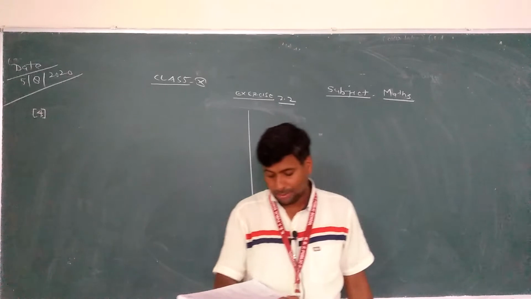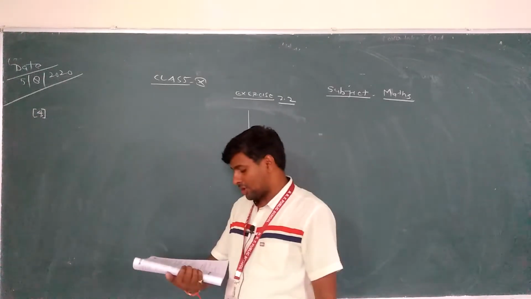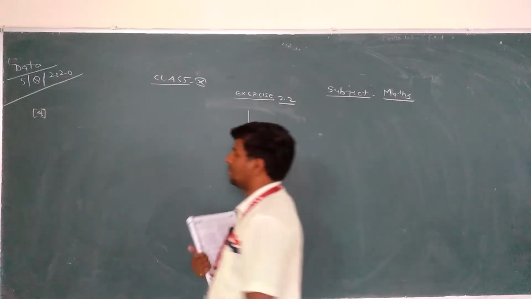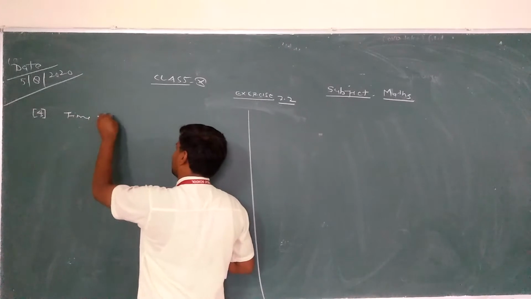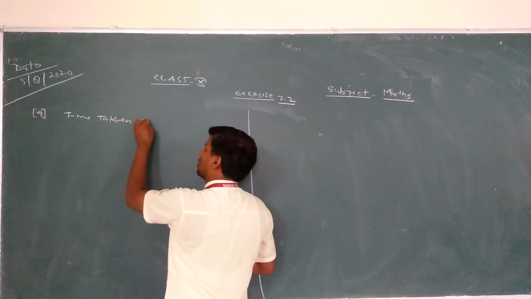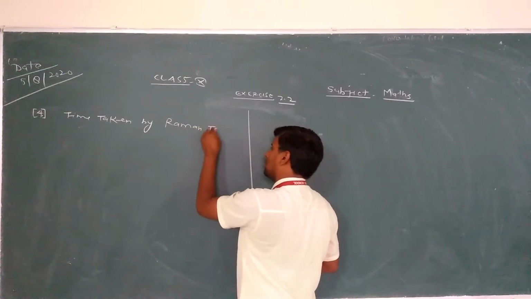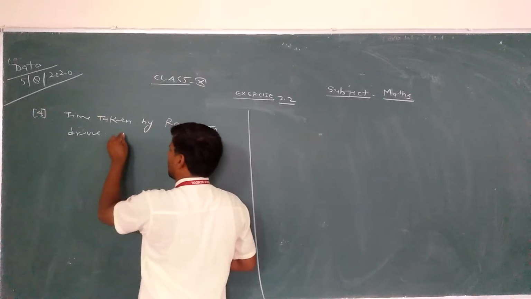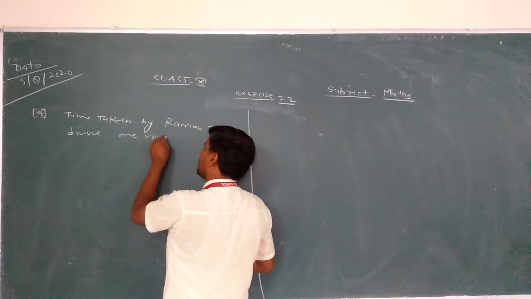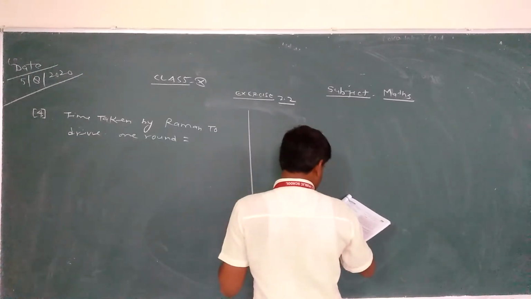There is a circular path around a sports field. Raman takes 18 minutes to drive one round. How many minutes does Raman take?